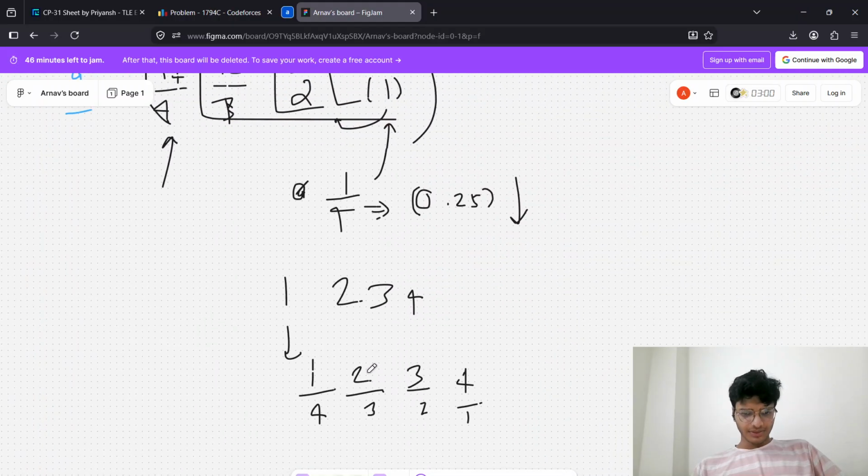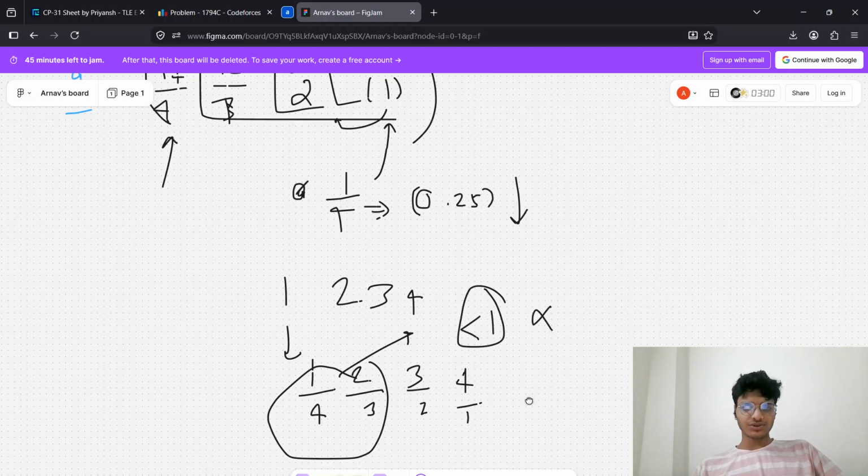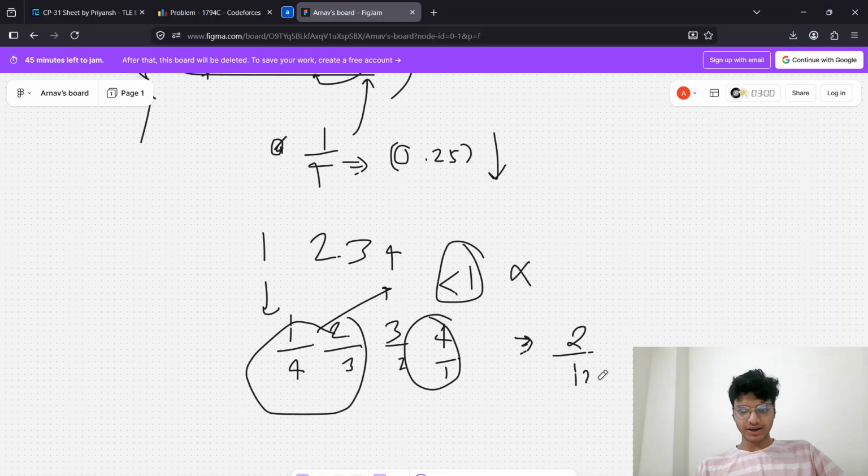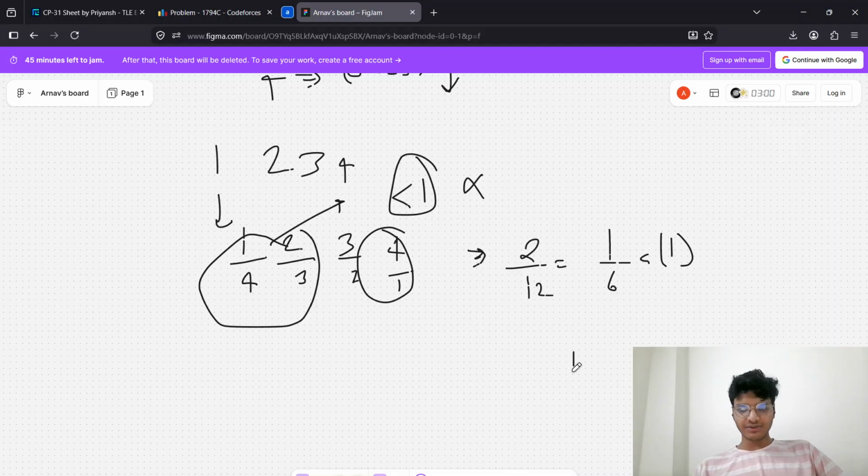So what if these values are lesser than 1? We will not try to choose them because these will not output at least more than the a4 value. That is, this gives us 2 divided by 12, that is 1 by 6, that is lesser than 1. And lesser than 1 will not give us a minimum to maximum ratio lesser than 4.